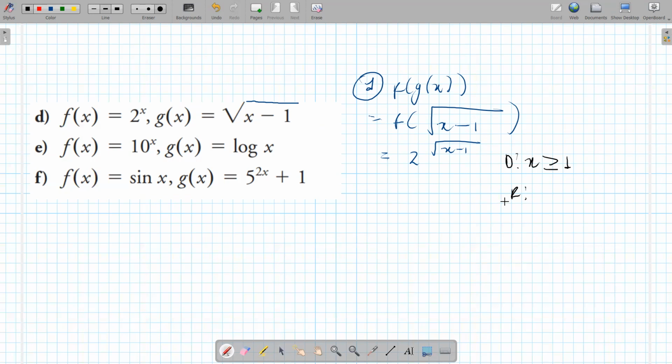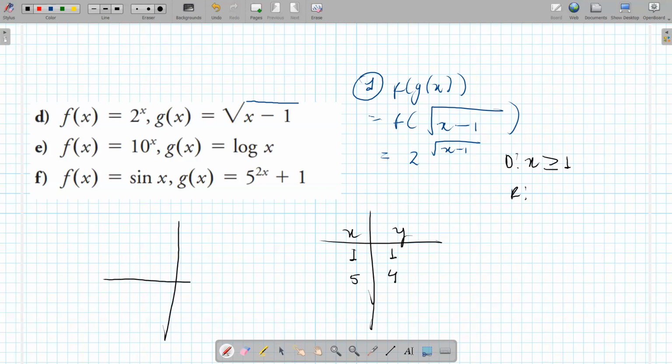What about the range? We may have to make a table of values here for this one. When the x value is 1, it'll give you 2 power 0, which is 1. Let's say when x value is 5, so that's square root of 4, 2 power 2 is 4.